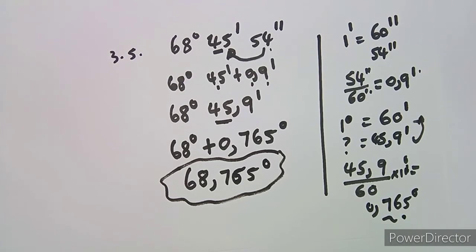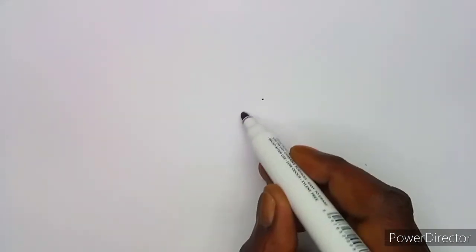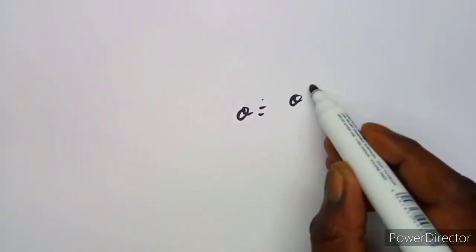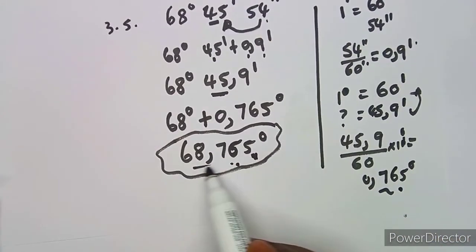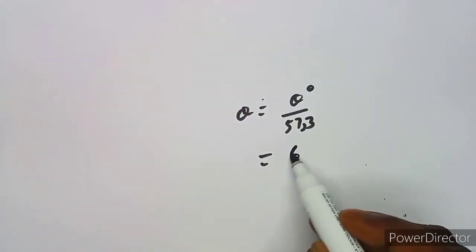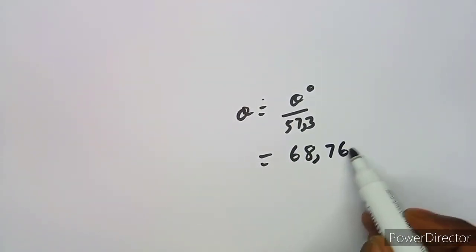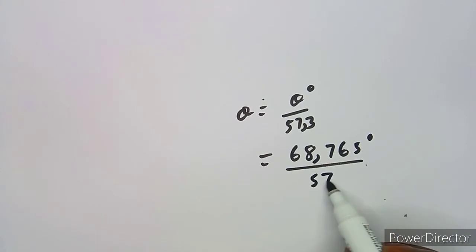All right, but we are saying that this is supposed to be in radians, but now it's easier for us to convert to radians because we have a relationship between degrees and radians, which we said theta in radians is theta in degrees over 57,3. So your theta in degrees is 68,765 degrees over 57,3.